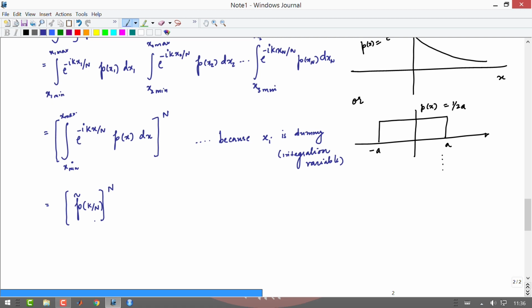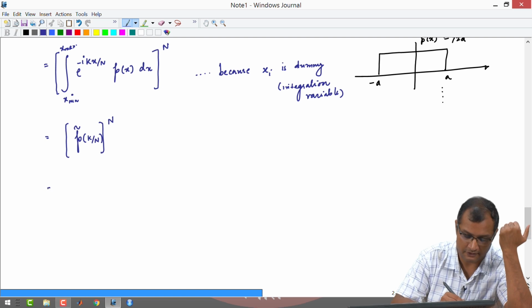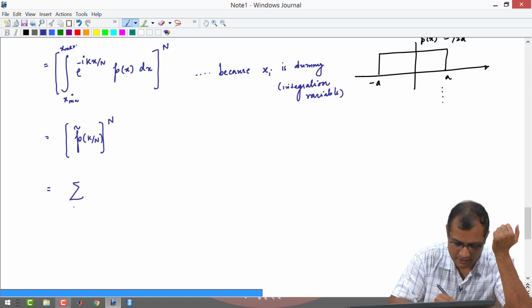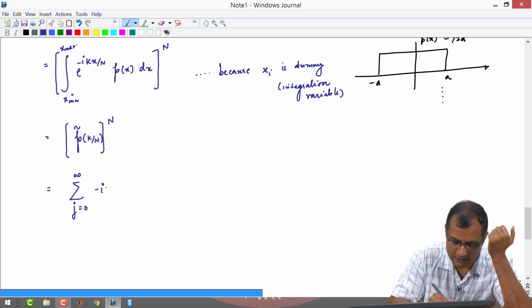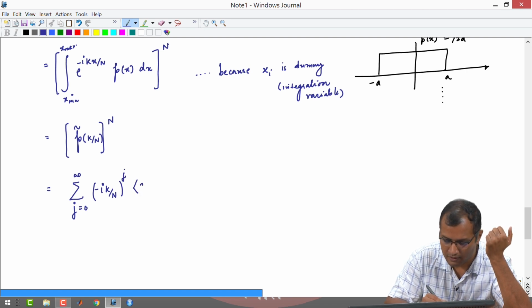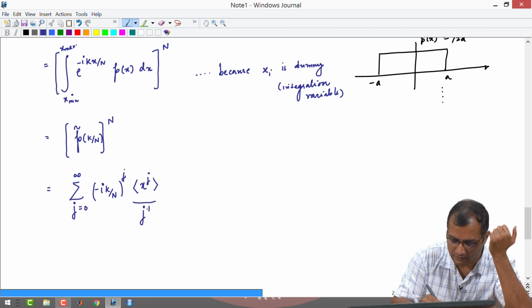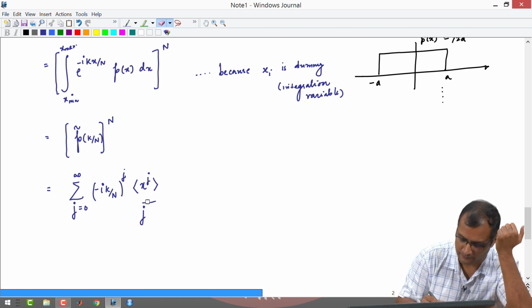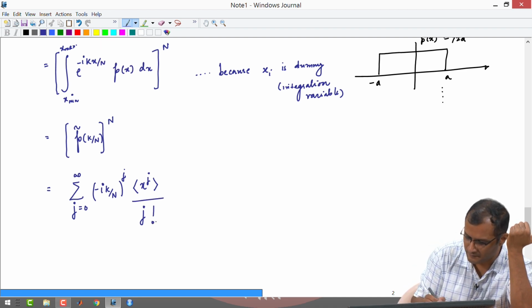Now, if you recall the definition of the characteristic function from the past few lectures, it is nothing but a summation over j going from 0 to infinity of minus ik by n to the power j, jth moment divided by j factorial.